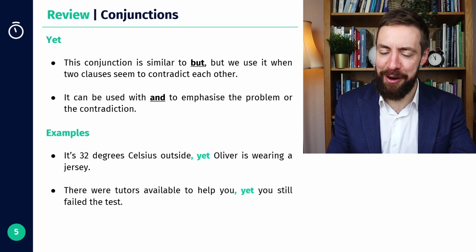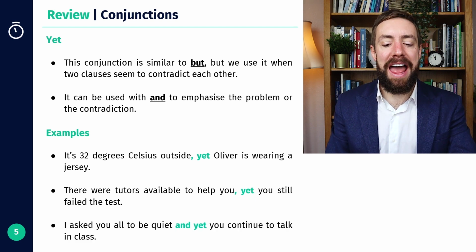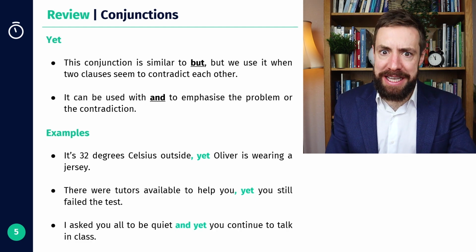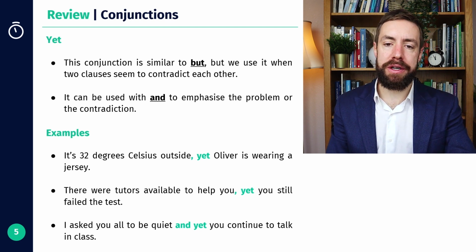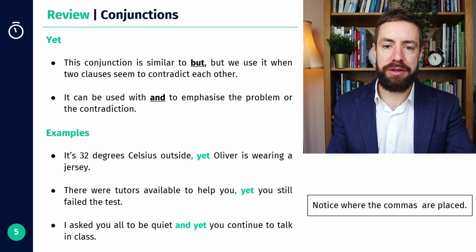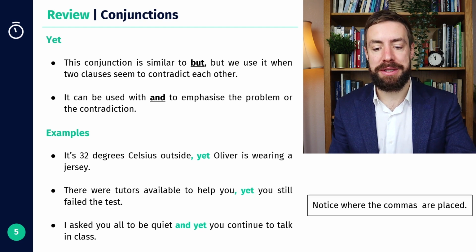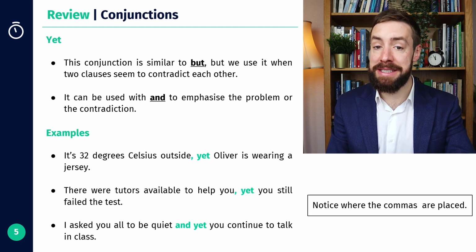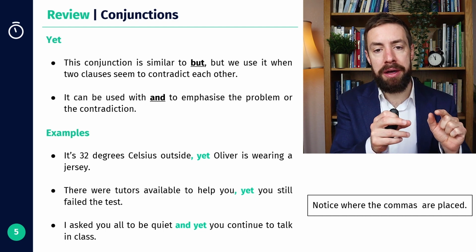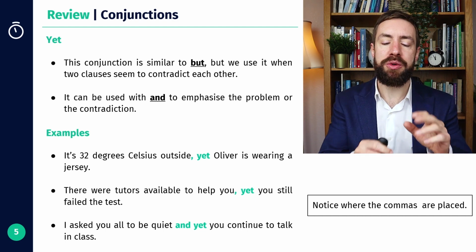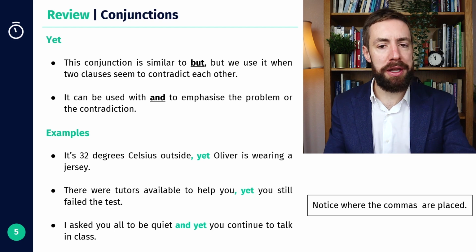It's a very strict parent talking there. I asked you to be quiet, and yet you continue to talk in class, all right? And you can notice where there are commas here and where there aren't commas. So when "yet" is by itself, we need to have a comma before that. And when we do "and yet," no comma needed.